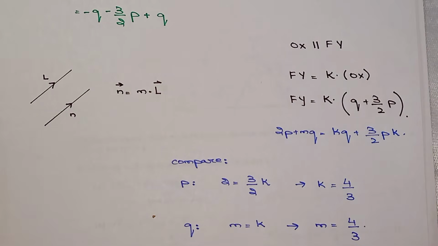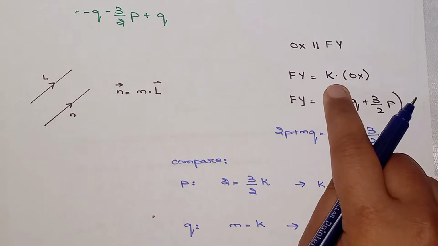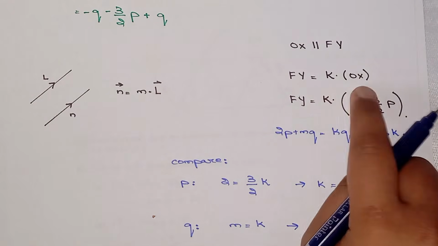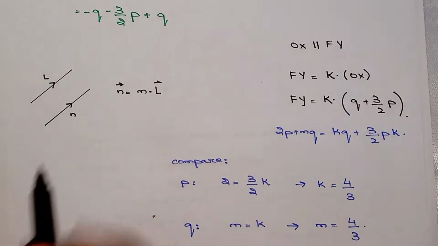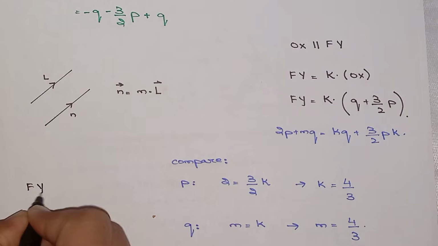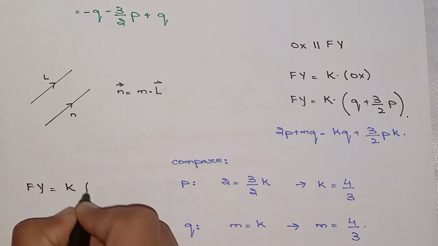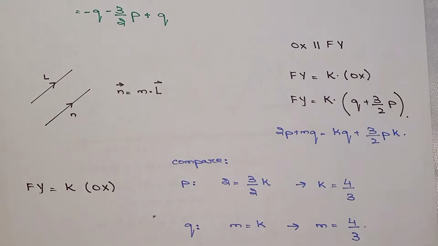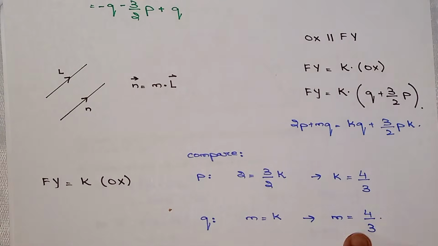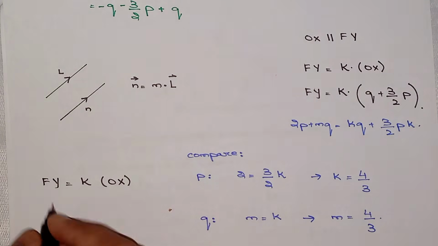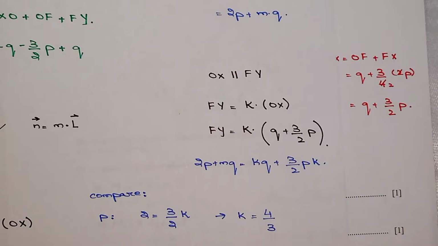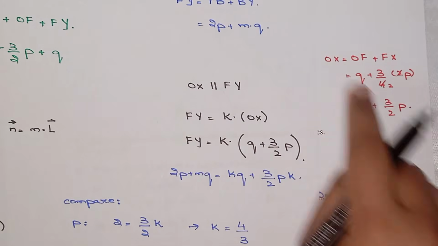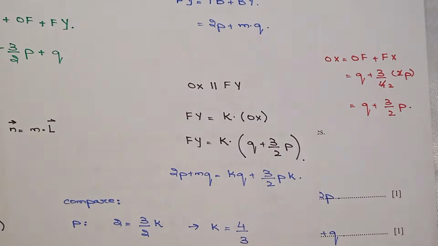Okay, now FY is some K times OX. So let me put the value over here. So what is the value for FY now? So FY is some K times OX, right? So the K is 4 by 3. So FY is 4 by 3. And what is OX? OX is this OX, Q plus 3 by 2P.